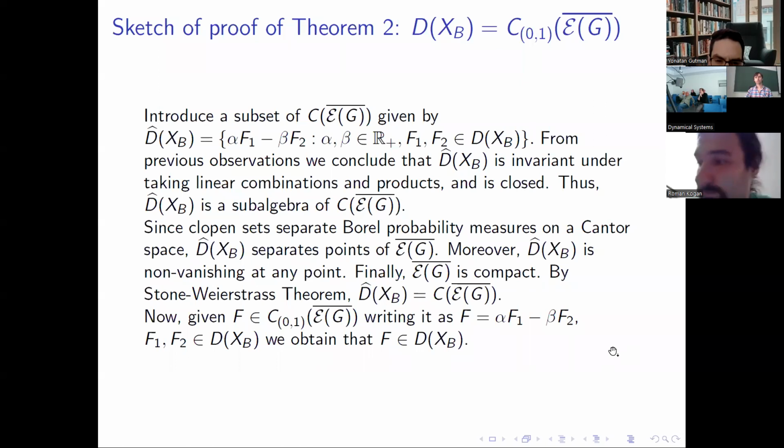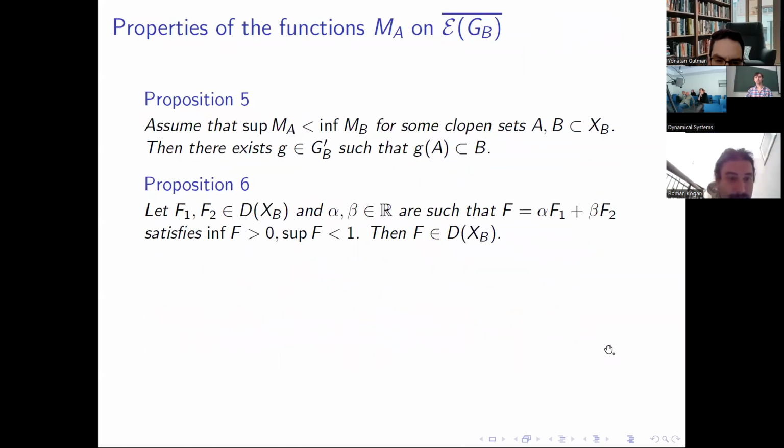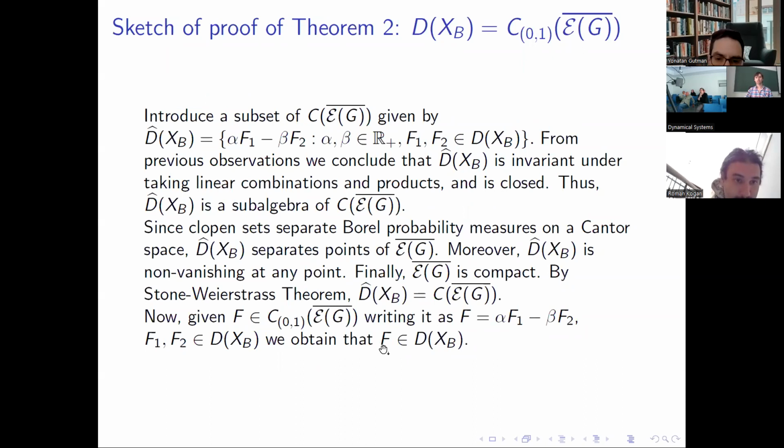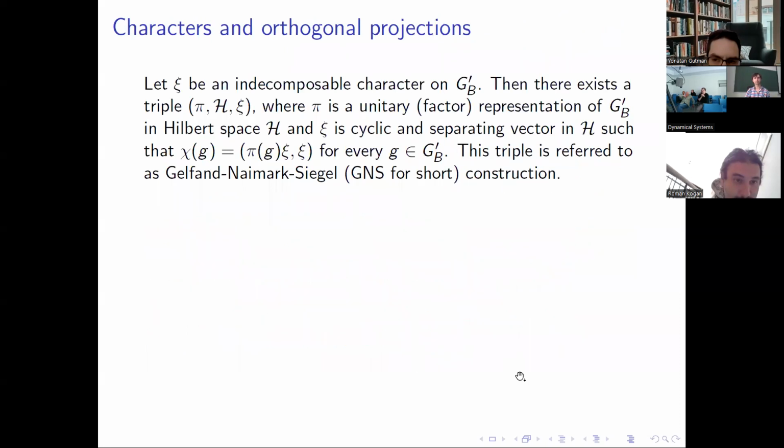But using this proposition 6, we obtain almost immediately that this implies f is also inside D of X_B. So this finishes the proof of this proposition that any function in this space can be approximated arbitrarily well by these functions MA of open sets.